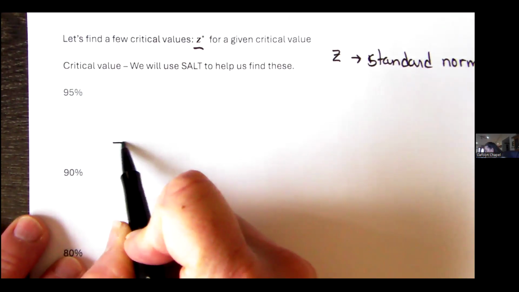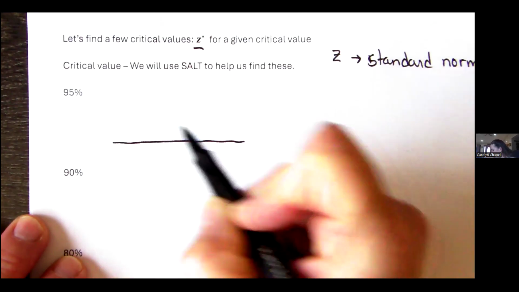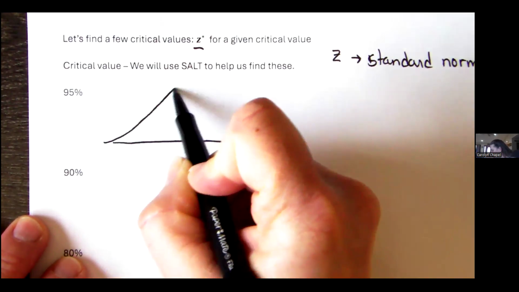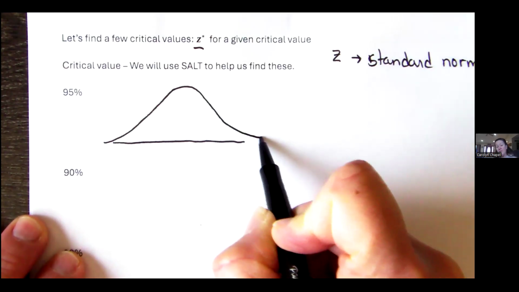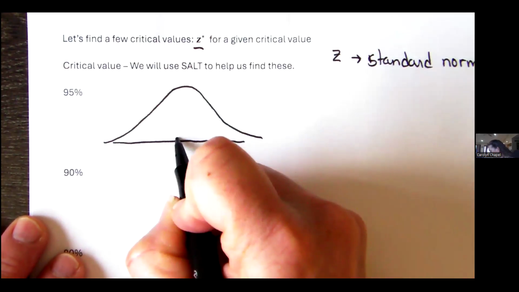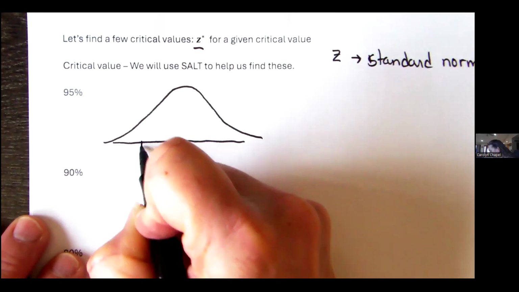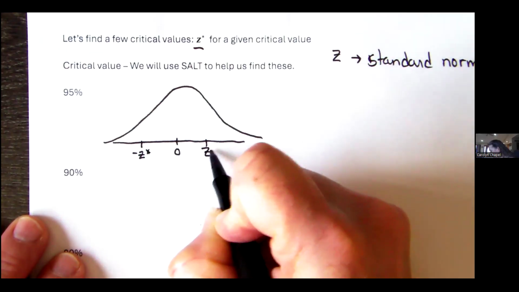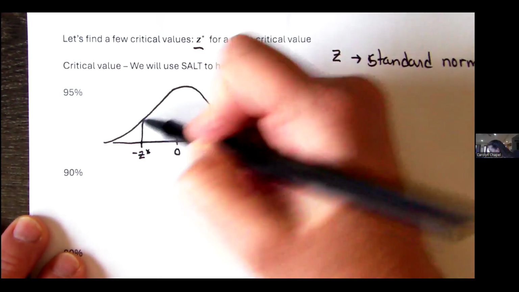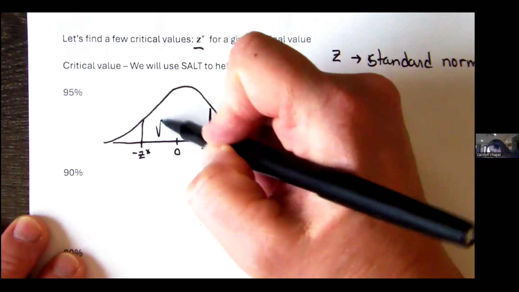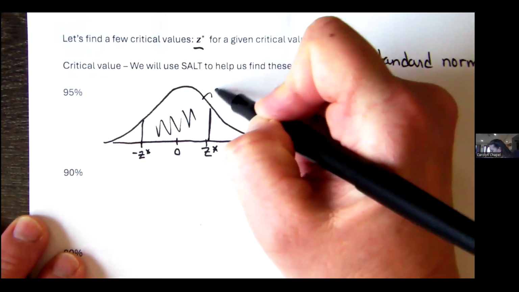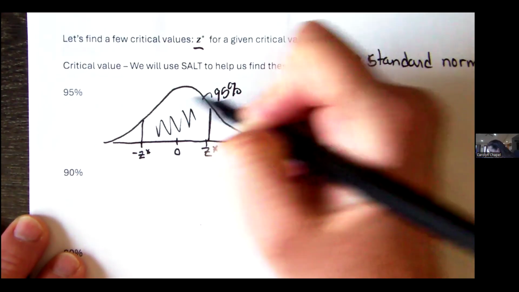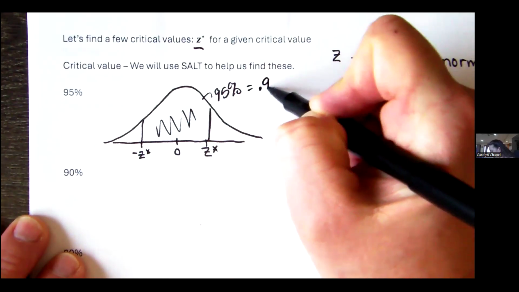So what we're going to be doing in SALT is we're going to be looking for two values. Remember, this is our standard normal, so it is centered around 0. So we're going to be finding a negative Z star and a Z star, where the area between these two is 95%, or in terms of probabilities, 0.95.